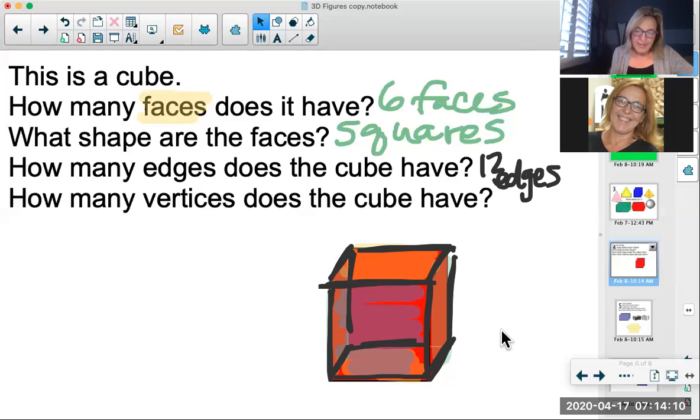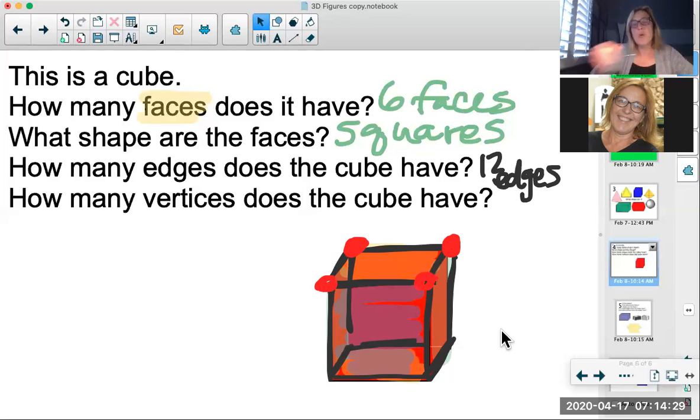All right, and then the last thing we want to think about are the vertices. Now, a vertex is where two edges meet. They kind of form a corner. So wherever the two edges meet would be considered a vertex. I'm going to just draw little circles on the vertices.